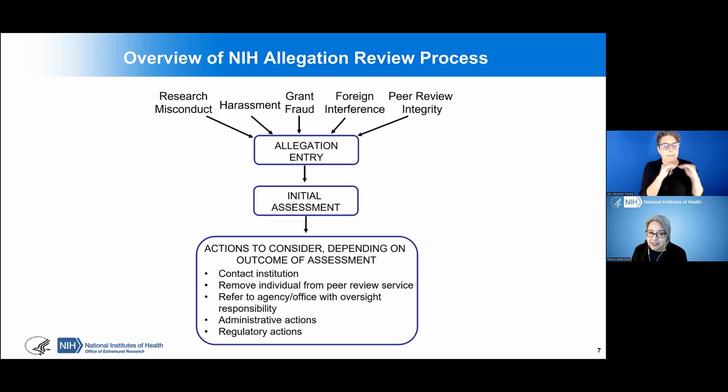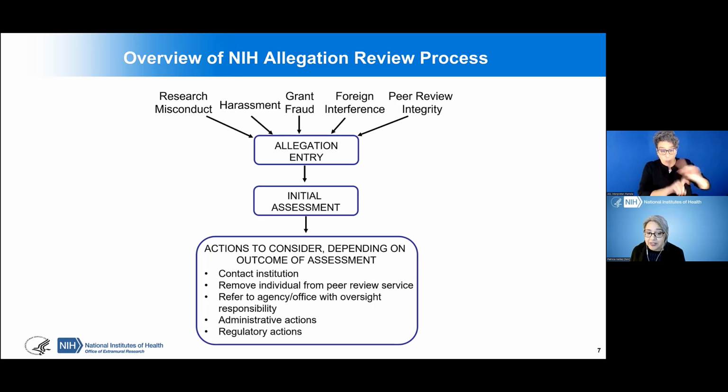These allegations come into our system. We have a confidential system that we use to collect the allegations. Our team will do an assessment. Many times these are preliminary assessments if we're going to refer it out. Then we'll take different types of actions depending on the outcome of that assessment. One thing we might do is contact the institution to ask more questions.